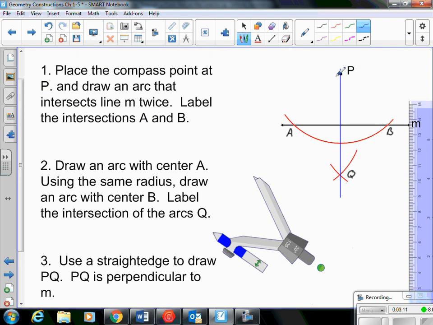So this line here going from P to Q should be perpendicular. That means that this will be a right angle right here. Questions on that one? Start at the point, make an arc that hits the line in two places, then go to each one of those intersections, make an arc out in the middle so that they cross, and then connect the intersection with the point.